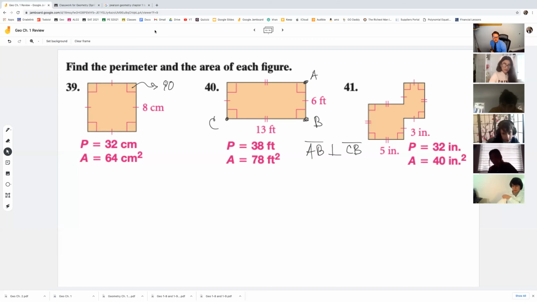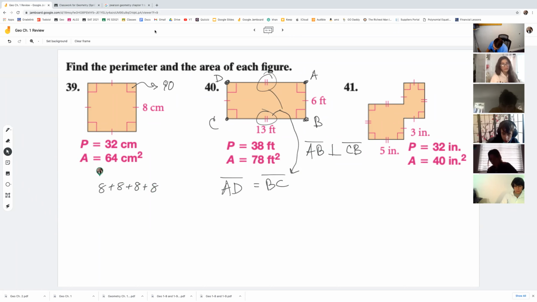All important stuff. I could say AD is equal to BC. Why? Those two lines tell me that they're equal. So perimeter is simply going to be 8 plus 8 plus 8 plus 8.